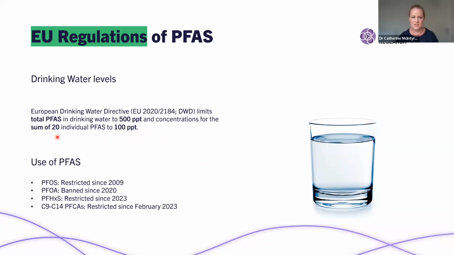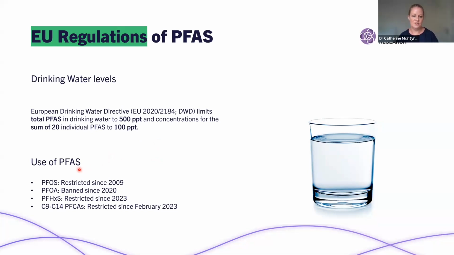So they've identified 20 to put on that list. These concentrations are actually closer to where the US EPA were prior to 2016. So I think we can expect drinking water EU regulations to follow suit and come in line with those latest US EPA concentrations of single-digit PPT.